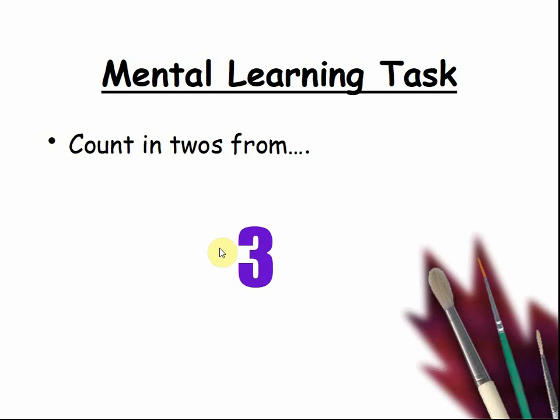Count in twos from 3, and we'll go up to 20 and back down again. Ready? 3 plus 2 is 5. 3, 5, 7, 9, 11, 13, 15, 17, 19, and we'll go to 21.